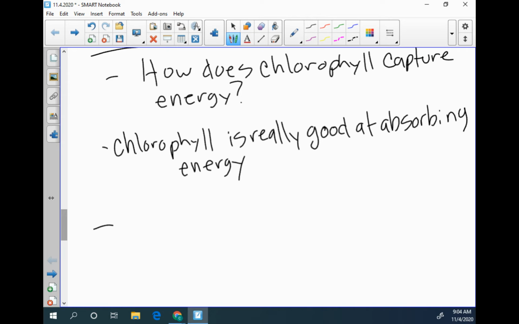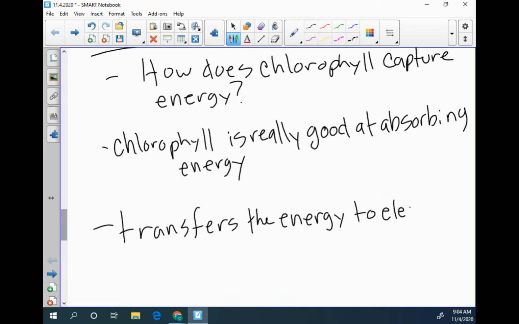It takes that energy, it absorbs energy, and it transfers the energy to electrons, which creates a supply of high energy electrons.